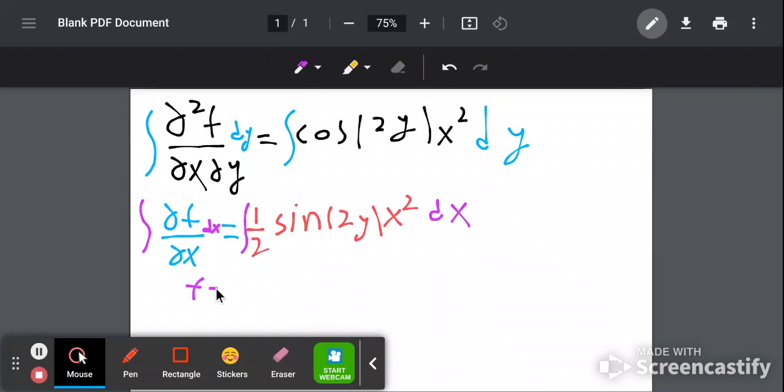And here we can see that now the constant is the 1/2 sine of 2y because we're integrating with respect to x. So that part is omitted and it's just stayed the same. Integrating x squared, we get x cubed over 3. So if we combine it all, we get x cubed over 6 times sine of 2y.